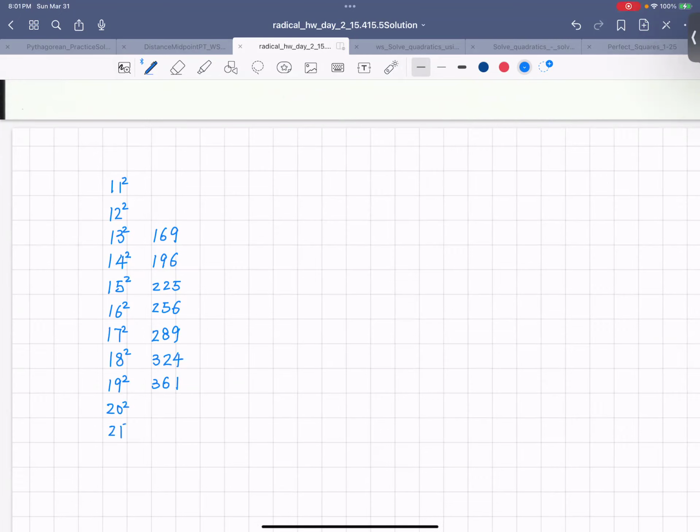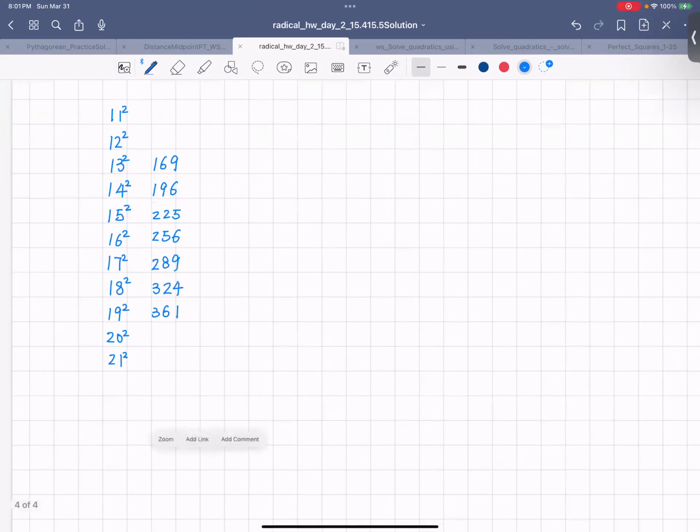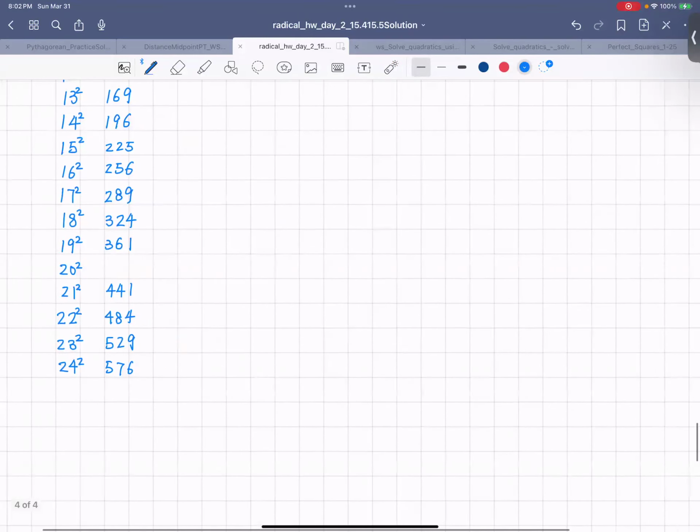We pass. 21 squared: 441. 22 squared: 484. 23 squared: 529. 24 squared: 576. Very good. Nice job. You got it. 25 squared.